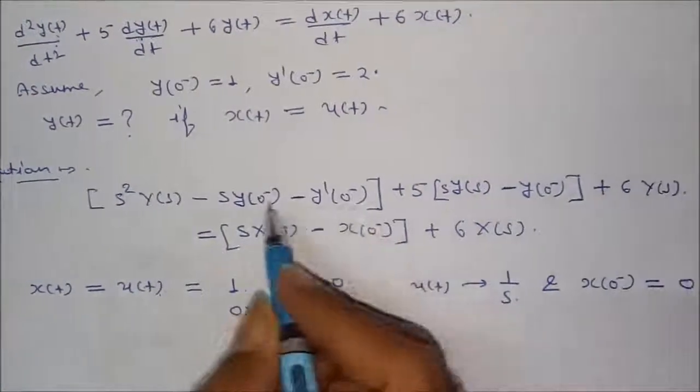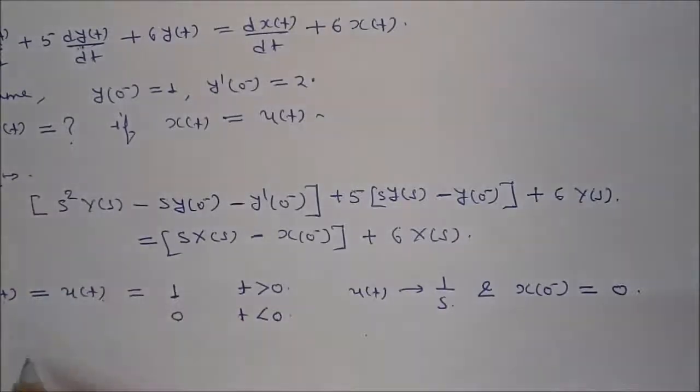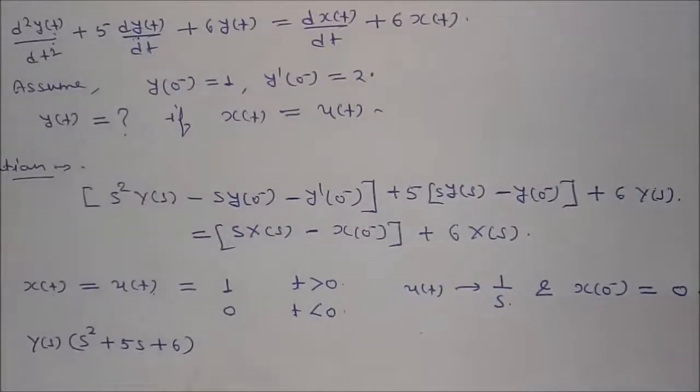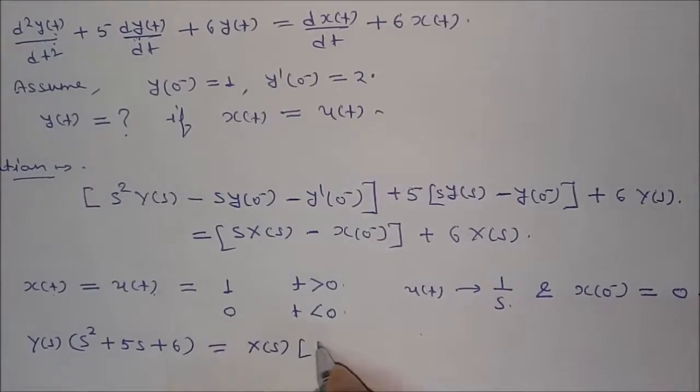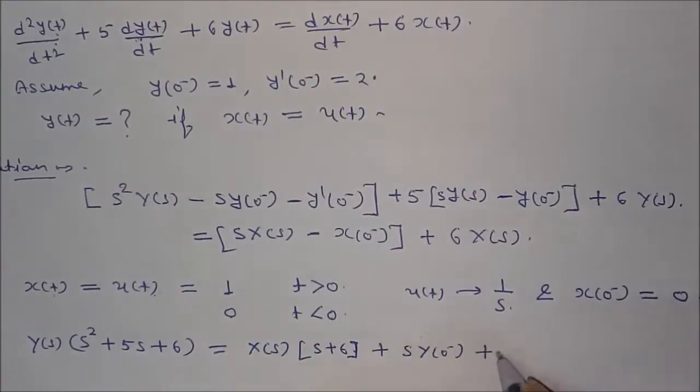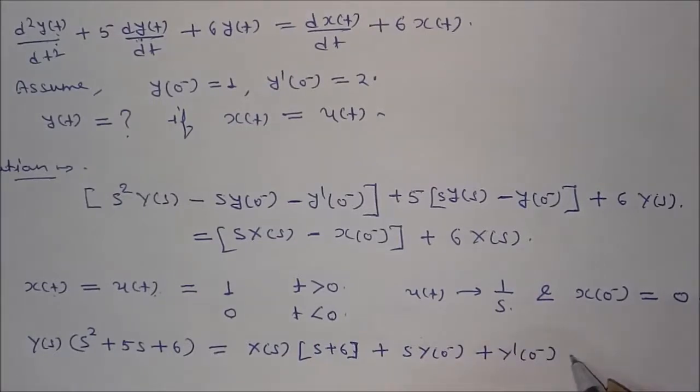Now see here, just rearranging this expression, what I will get: (s square plus 5s plus 6) Y(s) is equal to (s plus 6) X(s) plus s y(0-) plus y'(0-) plus 5 y(0-), and x(0-) is equal to 0.